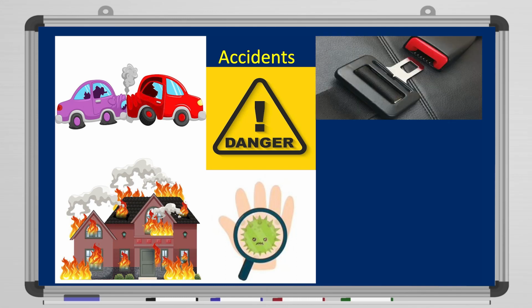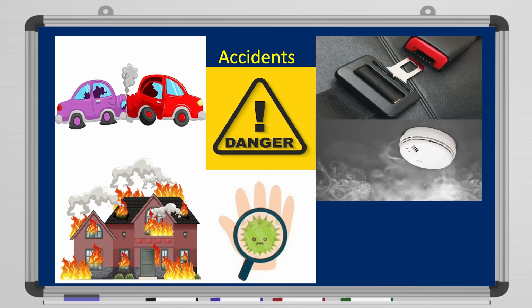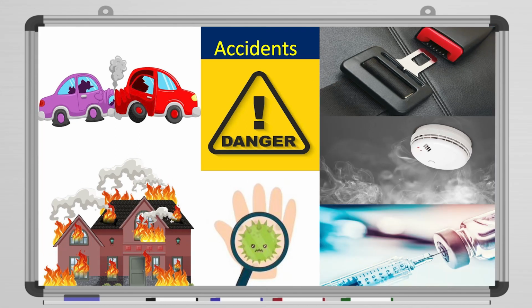For example, in cars, we can use seat belts, all right? And for fire, we can attach and use smoke detectors to help us know that there is a fire or the house is on fire. Doctors use vaccinations. So in vaccinations, they also use the same virus, but they dilute it.